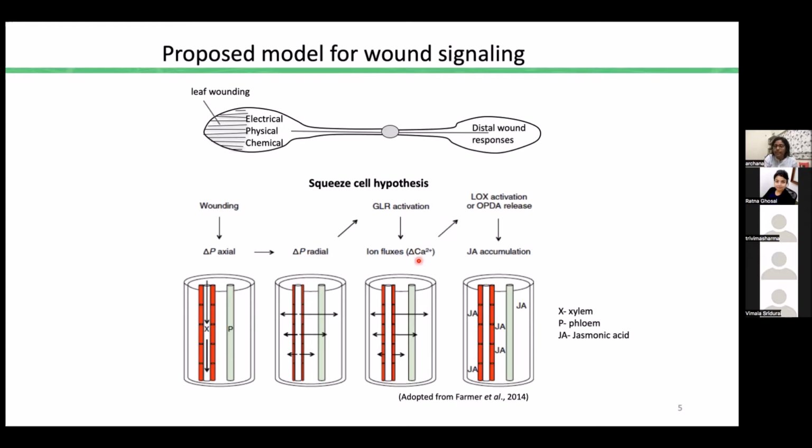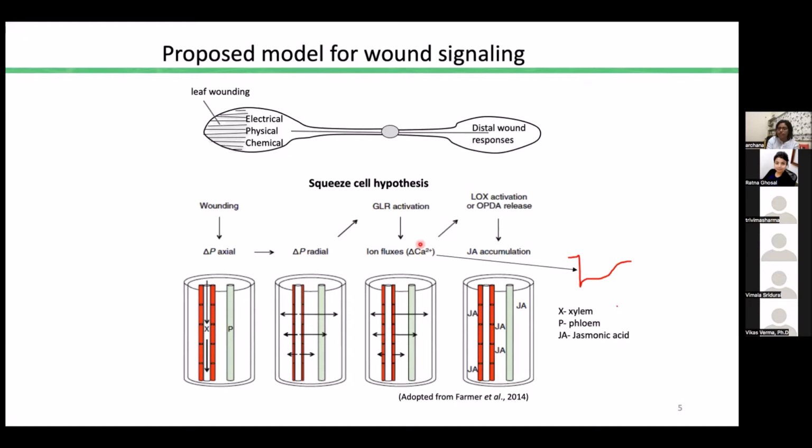and these are kind of ion channels which lead to huge ion fluxes. And possibly here we can see that calcium is playing a big role in these ion fluxes, and these ion fluxes lead to a depolarization of the cell membrane.